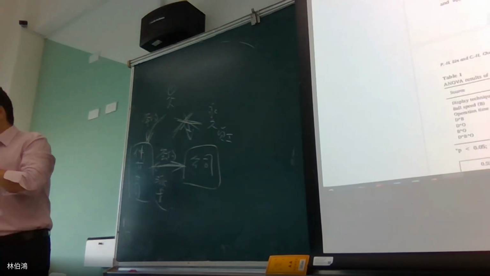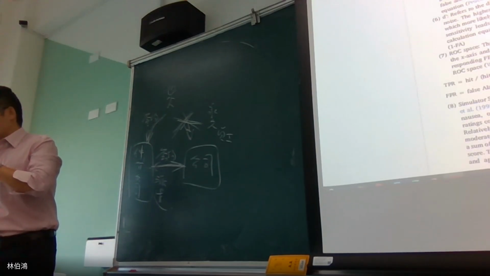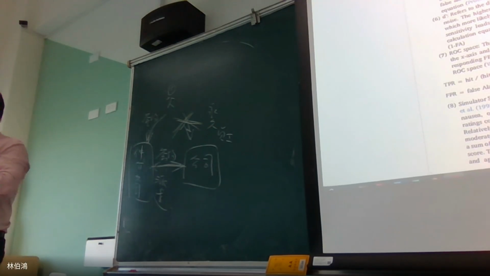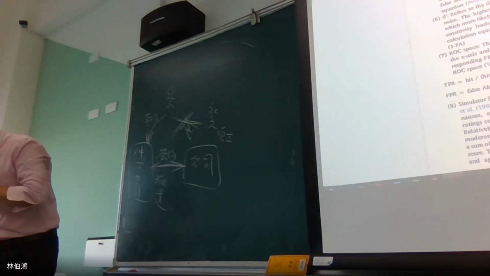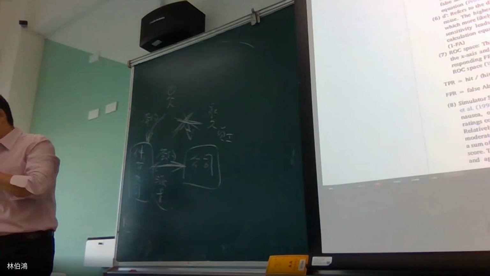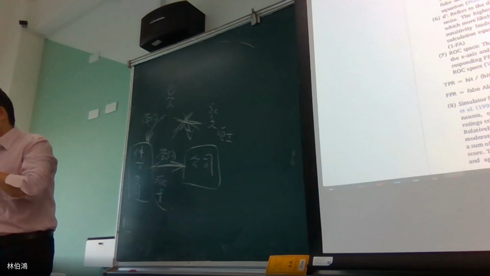And what is the beta? You can see in the paper. Beta refers to the ratio of signal and noise. So what is the difference between beta larger than 1 and beta smaller than 1?